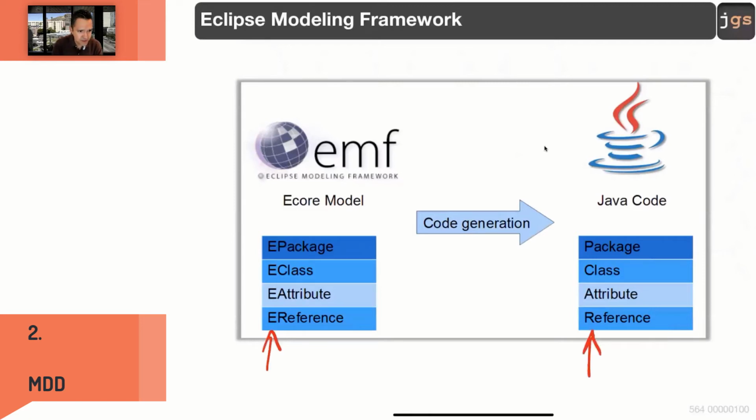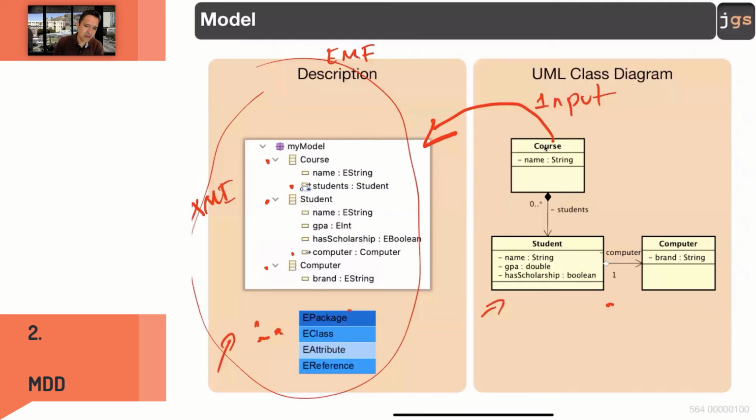If you notice, when you did this input here, this branch in the tree is called an E-class. This top is called an E-package. This guy here, the attribute, is called an E-attribute. And the reference, an E-reference. Why? Just because the tool is telling you these guys are not classes yet, but they are going to be classes, E-classes.